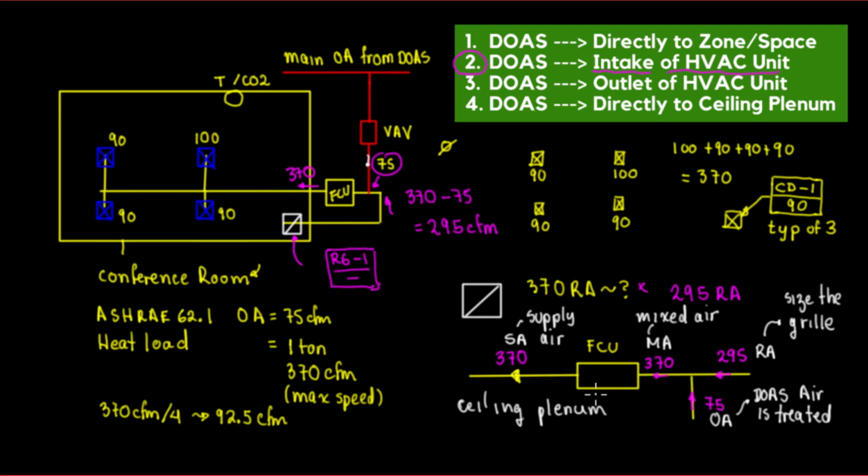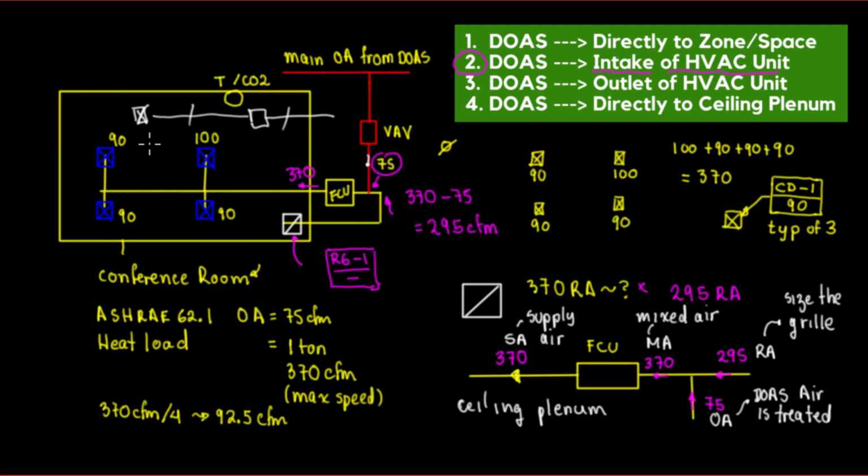All right, so the advantages, very quickly. Look at this. You don't need another diffuser in here, like in the other one. In the previous video, we were doing it directly to the zone and space. We would have one here, and then we would have the VAV right here, and then we would tap it. So with ductwork and a diffuser, you just tap it directly, and this is going to take care of the mixed air.